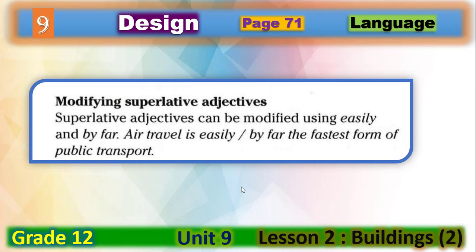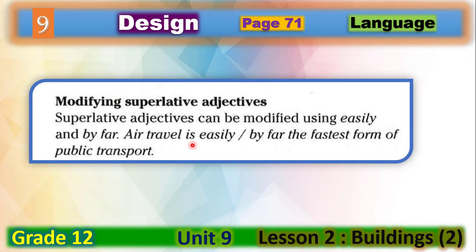Now let's have a look at this box. Modifying superlative adjectives. Superlative adjectives can be modified using easily. You can use the word easily to modify the superlative adjective, or you can use by far. And let's have a look at this example here.